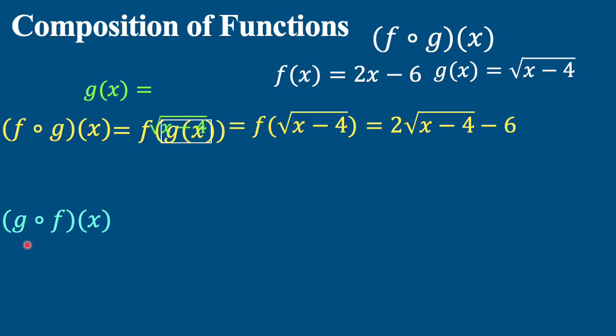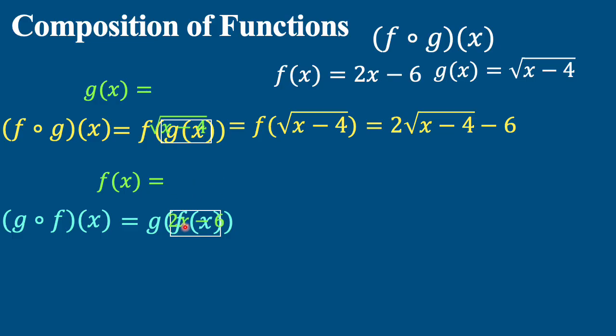Now, the second one, we're going to start with f. In that case, let's rewrite this composite notation: g of f of x. So what is f of x? F of x is 2x minus 6, right? That goes into the parentheses.